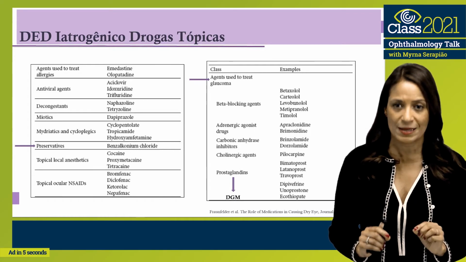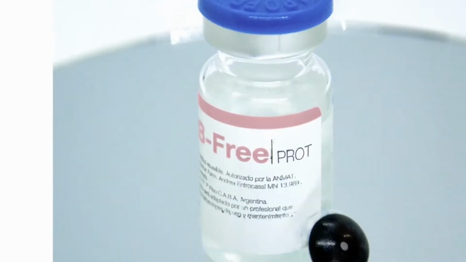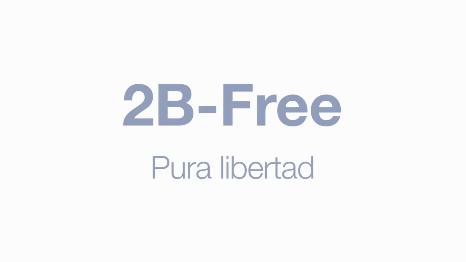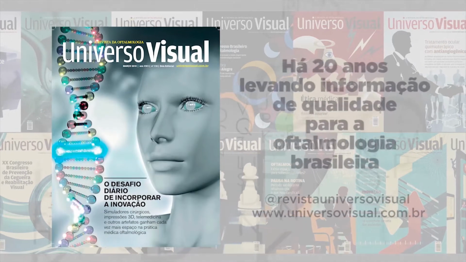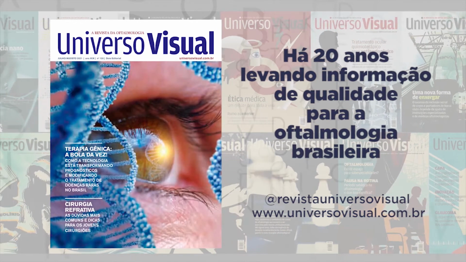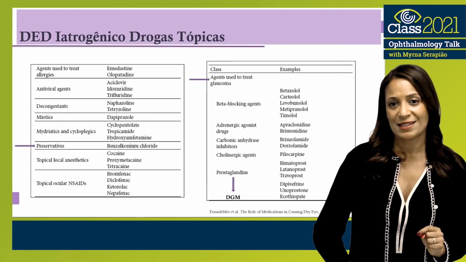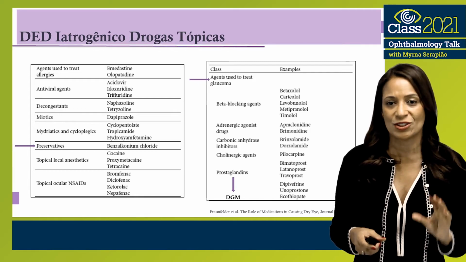We saw the aggressive potential of benzalkonium chloride, which on one hand increases the absorption of the drug, but on the other hand, it can be toxic to the surface, highlighting also the prostaglandin analogues due to the effect on dysfunction of the Meibomian gland.